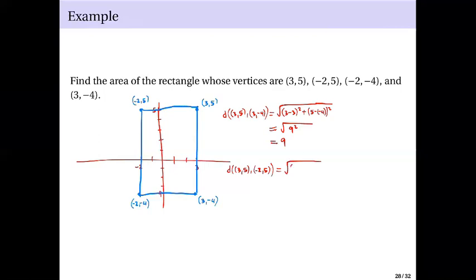So here we will have the square root of (-2 minus 3) squared plus your (5 minus 5) squared. So in here you have the square root, and again you have 5 minus 5 here. Let's just throw it out. You have 0 there.